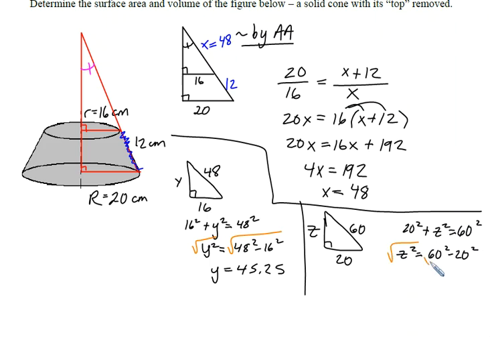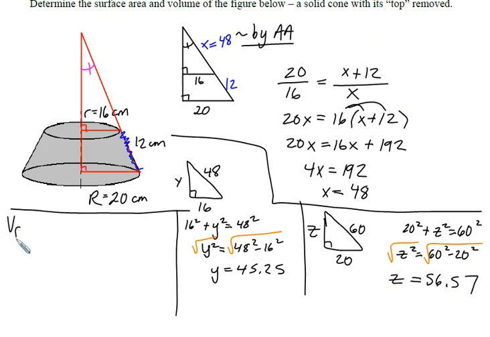We will take the square root on both sides, and the square root of 60 squared minus 20 squared gives us 56.57 as the overall height.